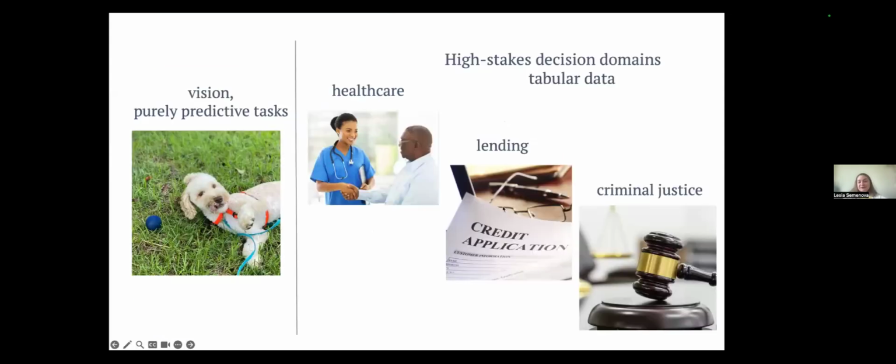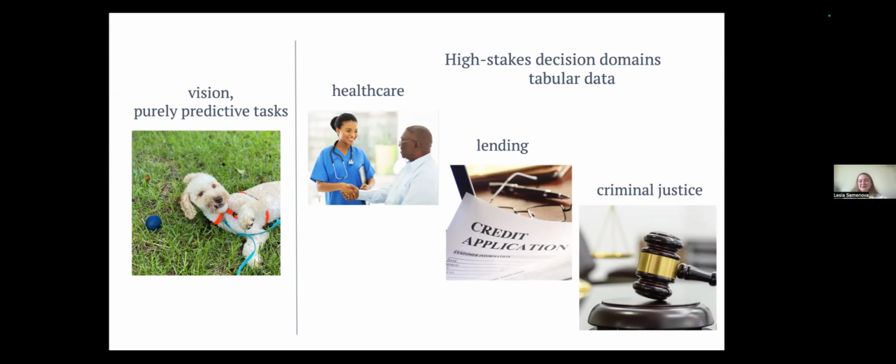Before that, there are two types of data sets that we can think about. One of them is high-stakes decision domains and tabular data sets that I typically cover in this talk, such as healthcare, lending, and criminal justice. There is also another set of data sets, which is vision and purely predictive tasks. Deep learning was able to revolutionize vision and purely predictive tasks. Now on ImageNet, the best performance is 95 percent test accuracy with 86 million parameters.